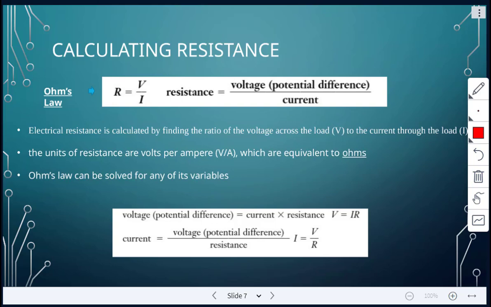We have the resistance formula, R equals V divided by I. If we're solving for voltage, V is equal to I times R. And if we're solving for current, I is equal to V divided by R.